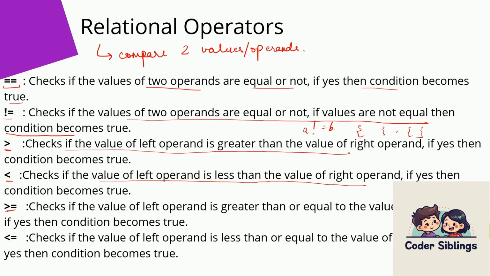Greater than or equal to checks if the value of the left operand is greater than or equal to the value of the right operand. In either case, it will be true, because or is there, and not and. So if there's or, either of the two conditions, whether it is greater or equal to, then the condition becomes true. Similarly, less than or equal to checks if the value of the left operand is less than or equal to the value of the right operand. If yes, then the condition becomes true.